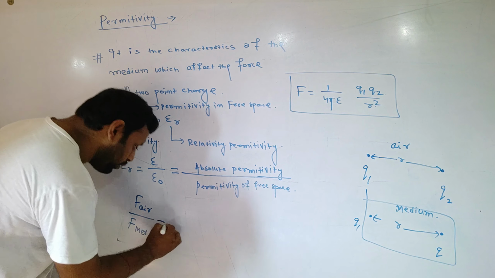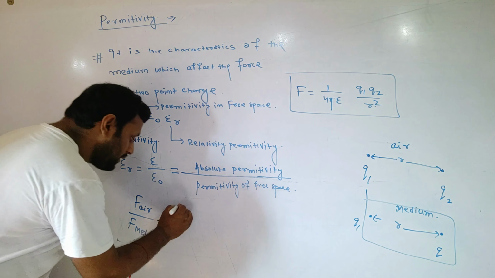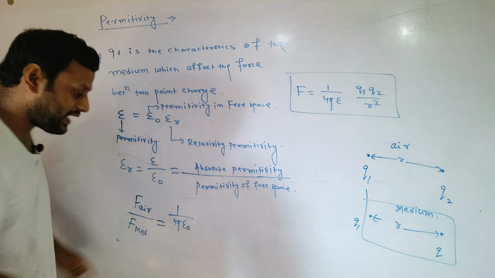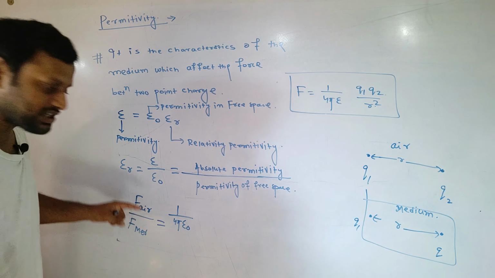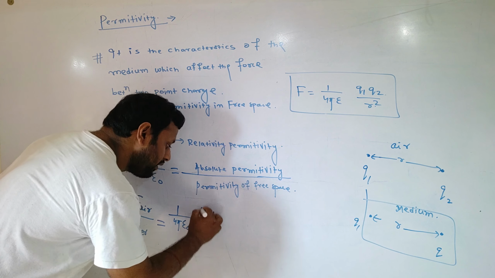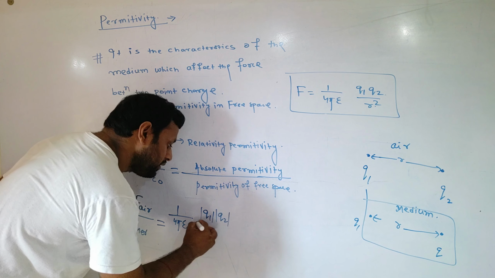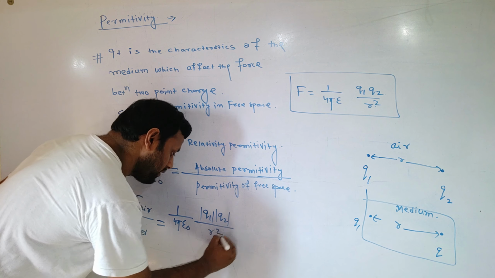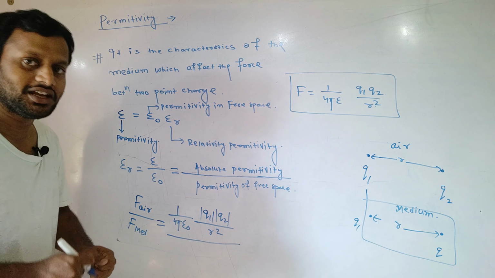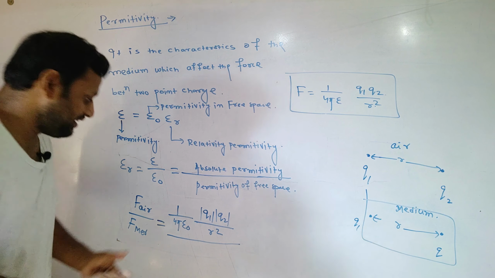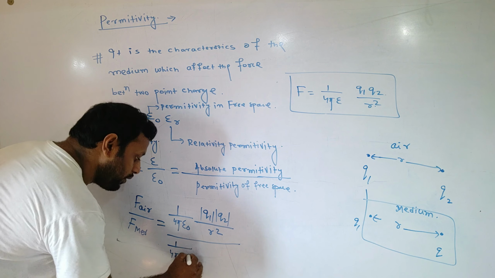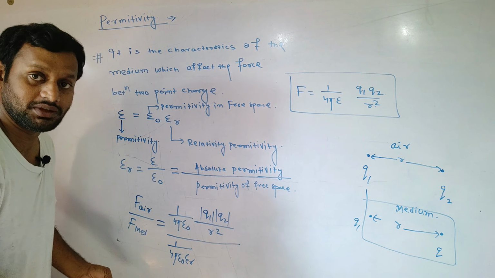So the force according to the formula is 1 by 4 pi epsilon 0 into epsilon r. As it is air, meaning vacuum, meaning free space, epsilon r is equal to 1. So it is Q1 Q2, the distance between them is r square. In the same manner, if that is a medium with a different relative permittivity, I can say 1 by 4 pi epsilon 0 into epsilon r, because the medium is changed.